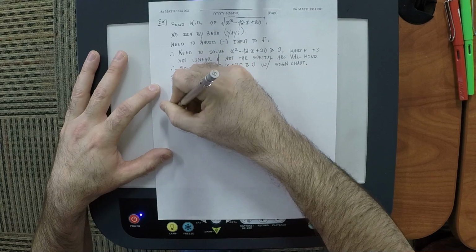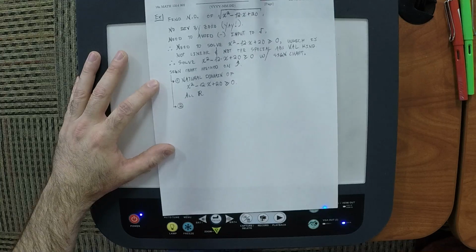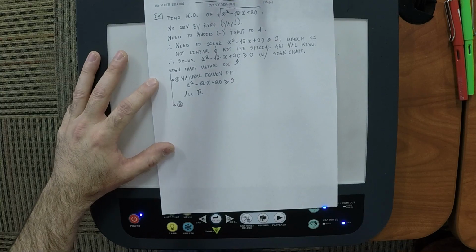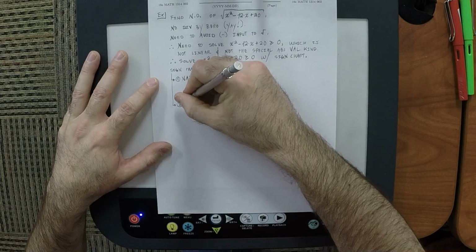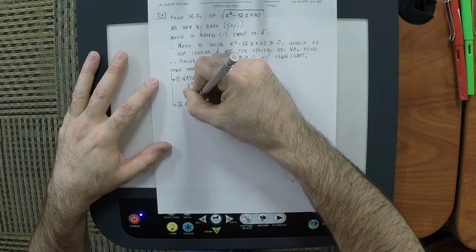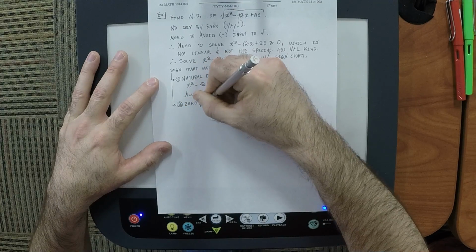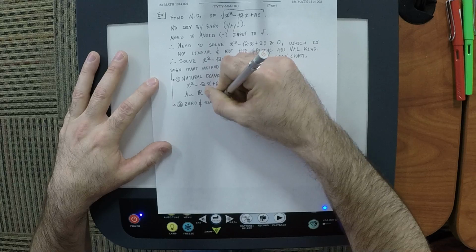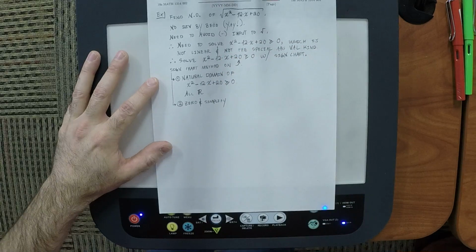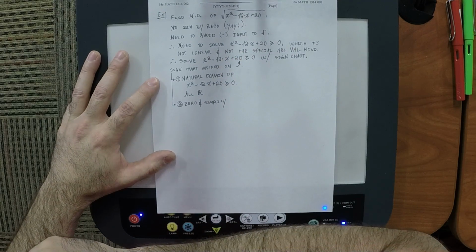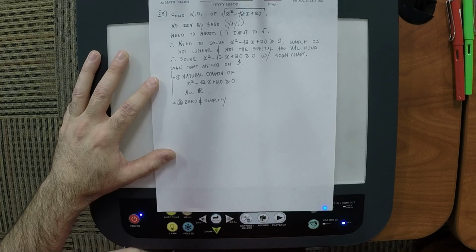In the sign chart method, what is the second step? 0. Very good. So we zero and simplify. One of the steps is pretty easy. What step?